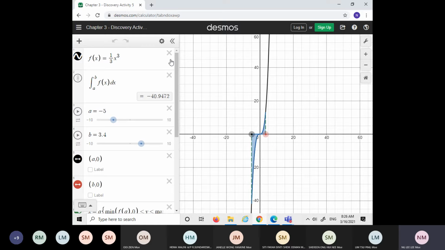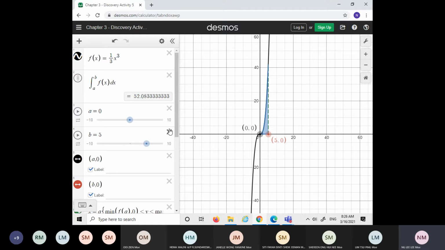Observe the area under the curve displayed on the plane. Drag point A to 0, point B to 5. I follow step number 3: this one I drag to 0, then this one I drag to 5. Here you see this is 0 and this is 5. Then you see the integration gives you 52 point something.